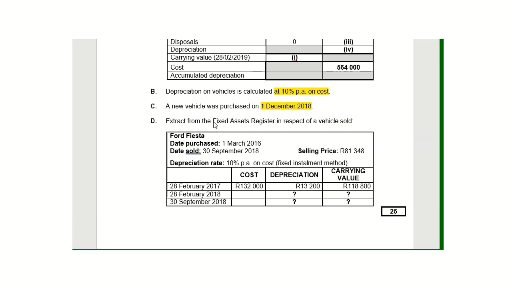They give me the balance at the end. There it is, the cost at the end is 564,000.